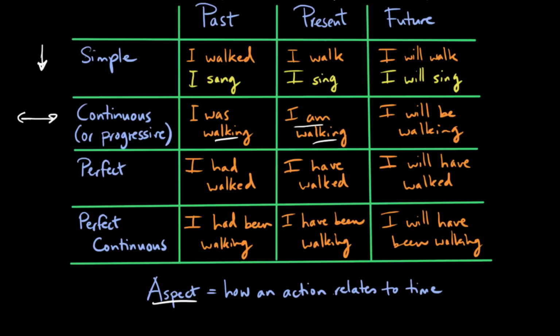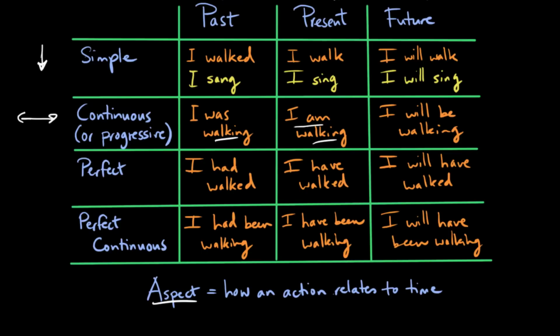So the continuous or progressive tense or aspect then indicates a sense of something happening over a period of time. Notice that the past tense here, so the past continuous, in some languages this is referred to as the imperfect. So if you learn French, for instance, the past version here may be called the imperfect. And so that's the similarity that you can look for.